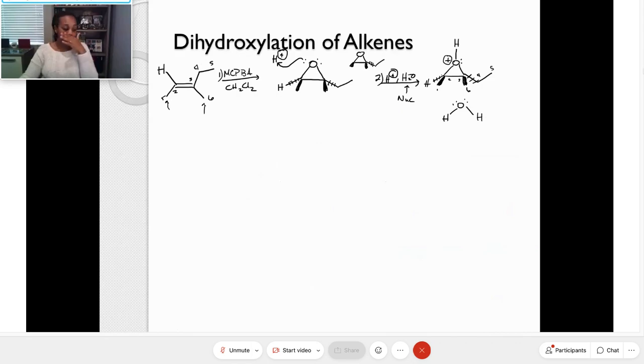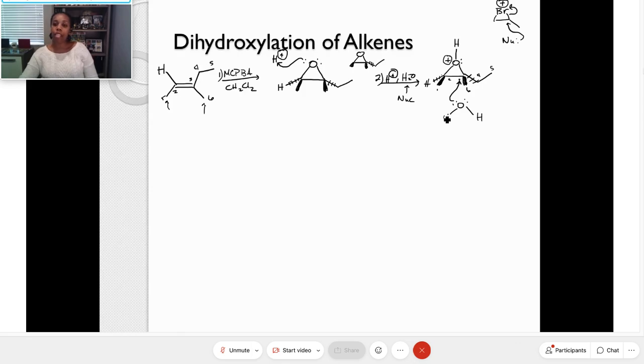And so when we attack the oxonium ion, remember what we said before when we were looking at our bromonium ion? We said that a nucleophile will attack the more hindered side because we have a positive charge on that bromonium ion. Remember that? Same thing here. The nucleophile, which is water, is going to attack our more hindered side. So the attack happens at carbon 3.